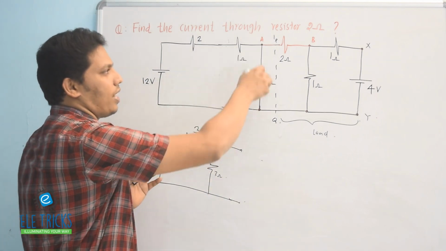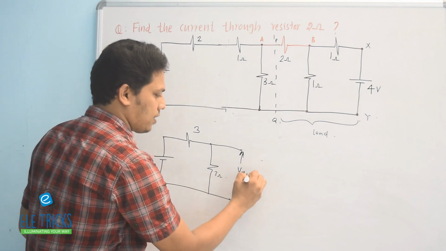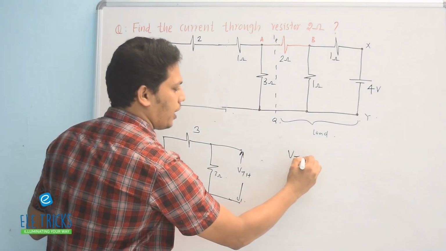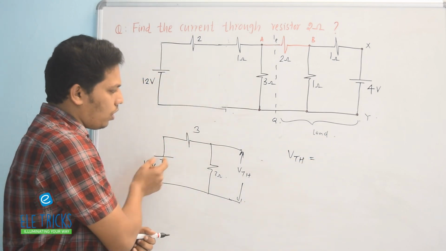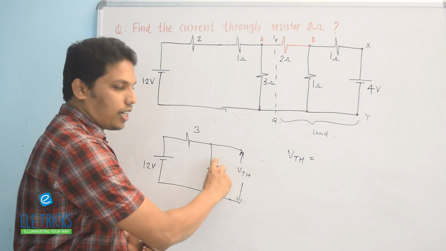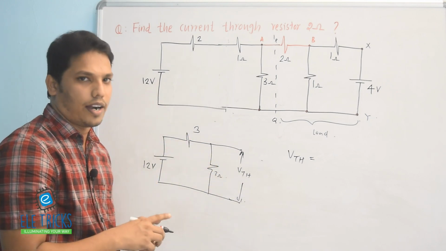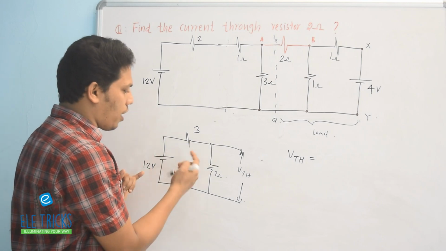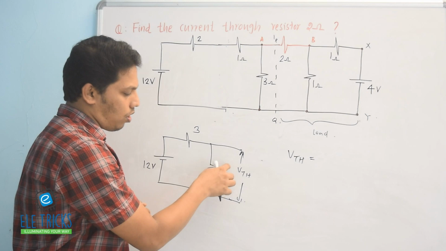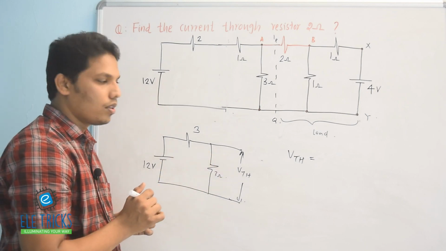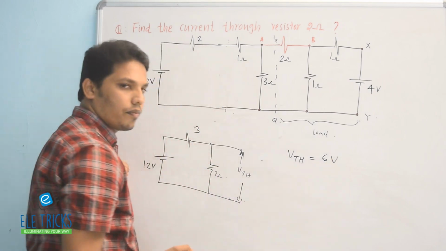Then you calculate the Thevenin equivalent of this, using the same procedure. You calculate the VTH. See, the voltage is 12, here the resistance is 3 and here it is 3. Since the resistances are equal, the voltage is equally divided. So the 12 volt is divided into 2: 6 across this 3 and 6 across this 3. So VTH is equal to 6 volt.